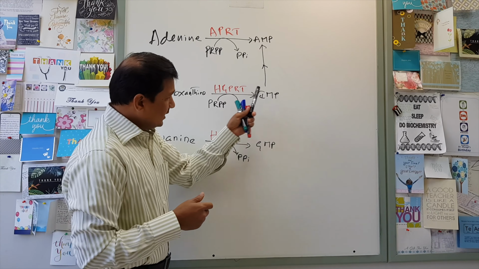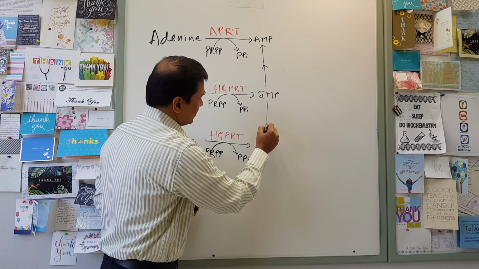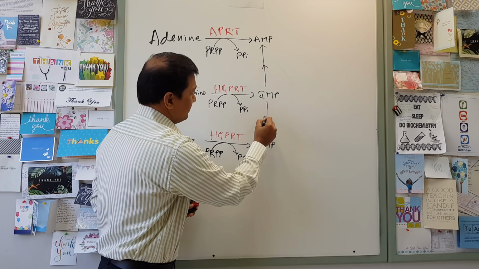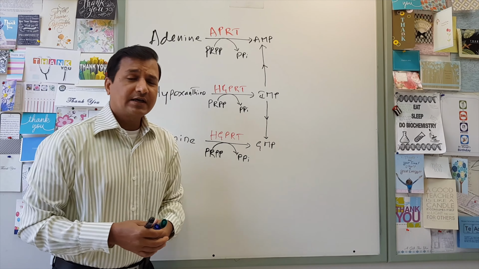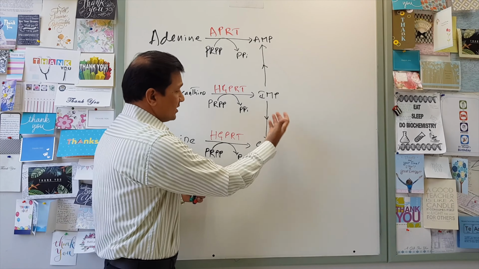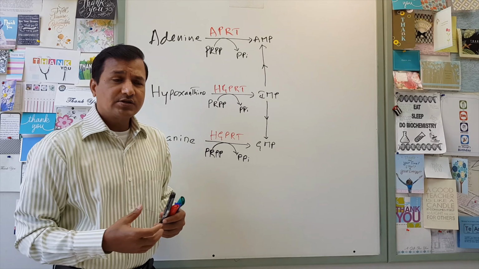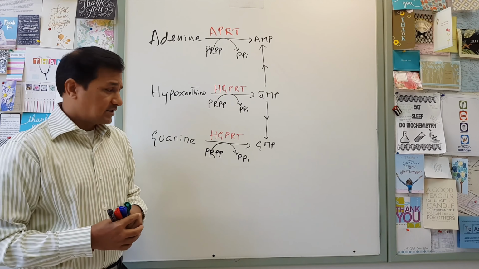Now IMP, inosine monophosphate coming from hypoxanthine, can also be converted into GMP by a two-step process. IMP is converted into XMP, xanthosine monophosphate, by IMP dehydrogenase. XMP is further converted into guanosine monophosphate by the transamidase enzyme.